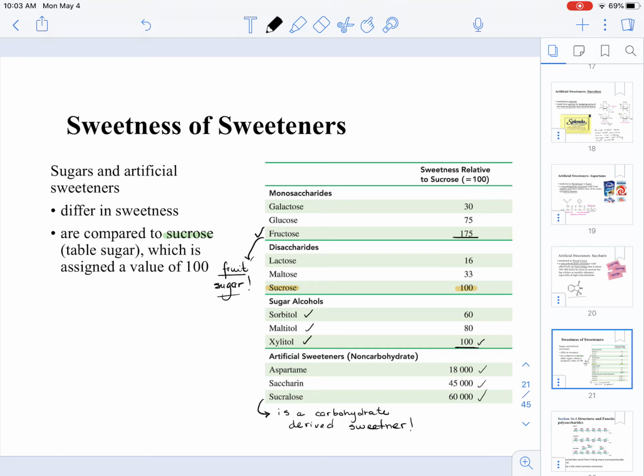When these products were invented, they were created such that people would use them in small amounts, for example diabetic patients, because they already have problems managing their glucose, for example because they're not responsive to insulin. These products were created so they would be able to consume something that will be detected as sweet in very small amounts, but because it's not going to create fluxes in glucose, they could be consumed.